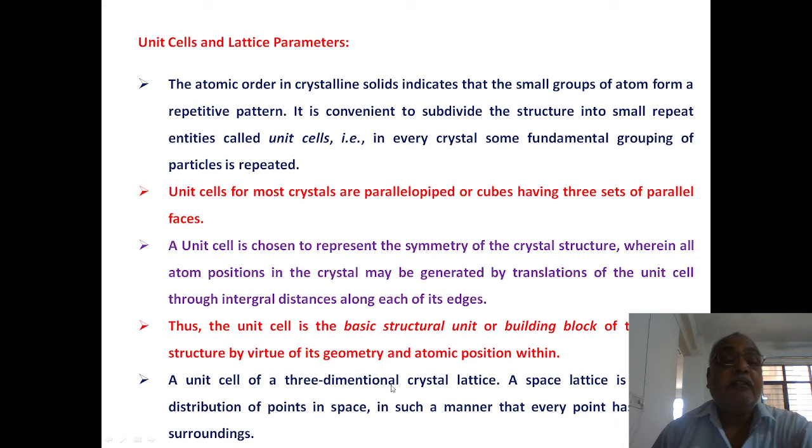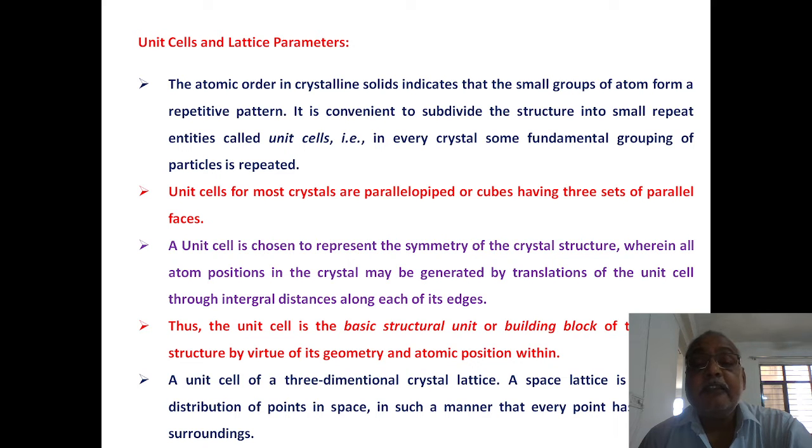Next term that comes, basically today we are concentrating more on definitions: unit cell and lattice parameter. The atomic order in a crystalline solid indicates that a small group of atoms forms a repetitive pattern.